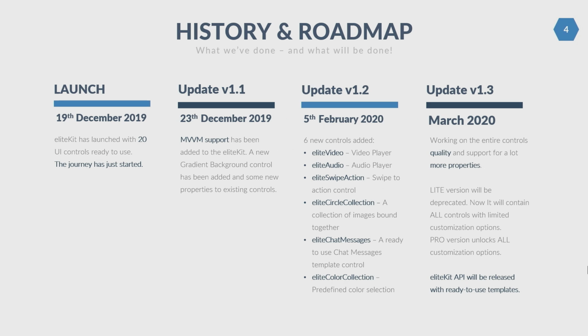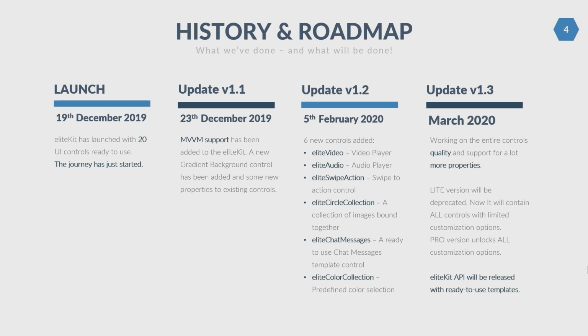The Elite Chat Message, a ready-to-use chat message template control, so you can create your own chat, similar to Facebook chats. And the Elite Color Collection, a collection of predefined colors, so you can select any color and the event will be fired with the color you have selected. For update version 1.3 in March 2020, we will be working on the entire quality of the Elite Kit.